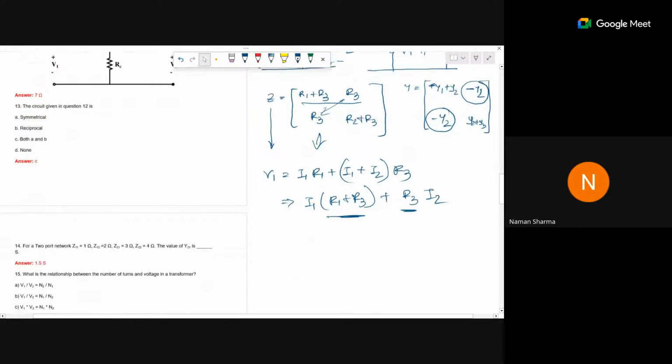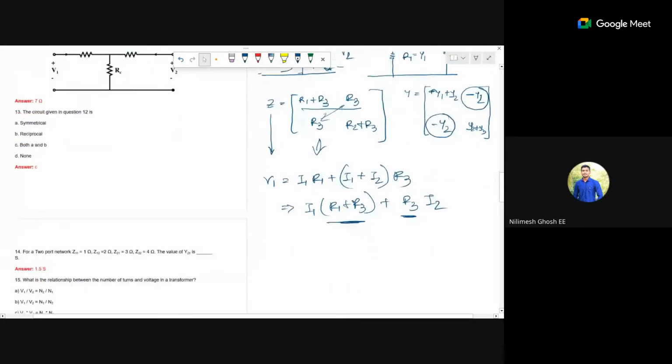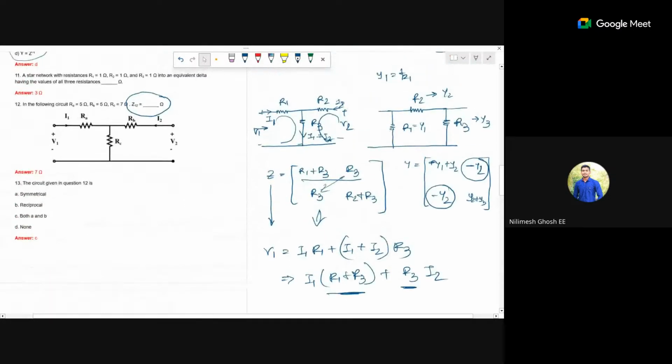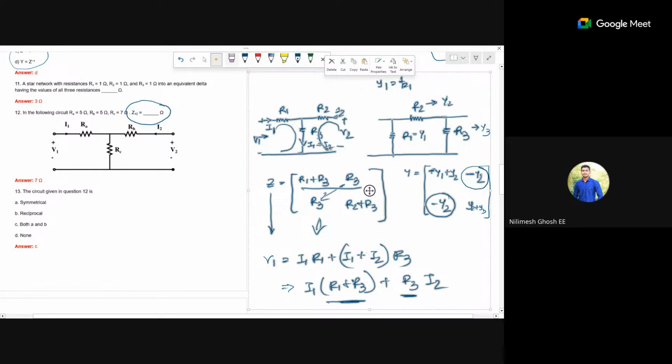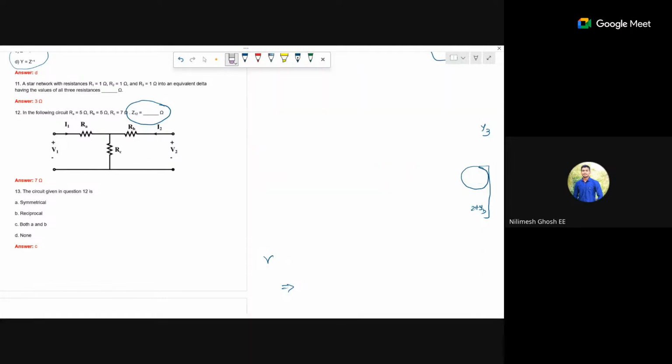Okay, sir. So what will be this for this circuit? We will not do any handwritten solution, we will do it directly. So what is RA here? RA is 5, RB is 5 and RC is 7.